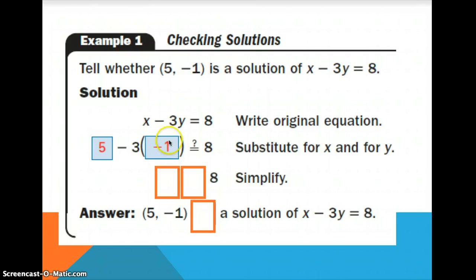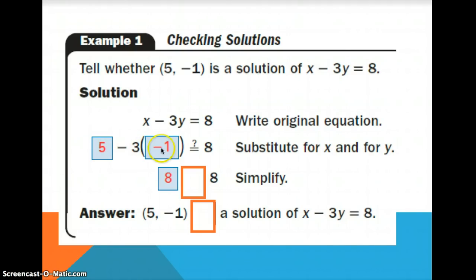Now check. If I multiply these two together, negative 3 minus 3 is positive 3. So 5 plus positive 3 is 8. It works out. Remember to multiply first, and technically this is subtracting 3, which is adding a negative.